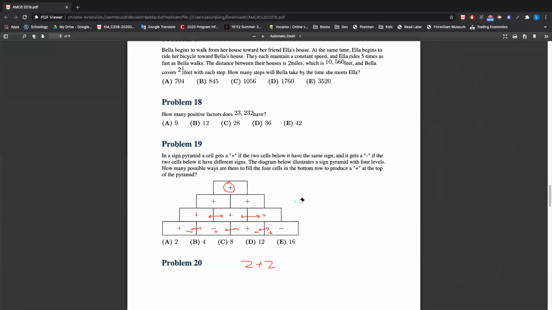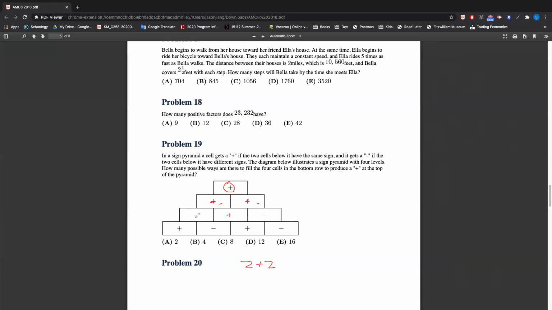The other case is when we have minuses. Okay, so when these are minuses, and this is a minus, this would have to be a plus. This would have to be a minus. So let's see how many ways there are to fill in the bottom now.